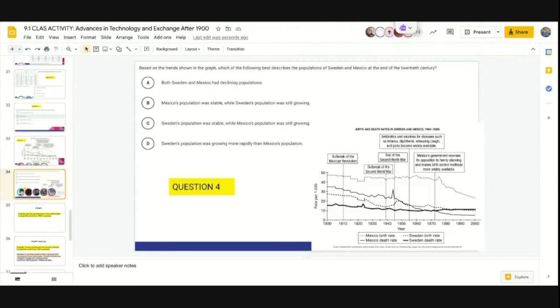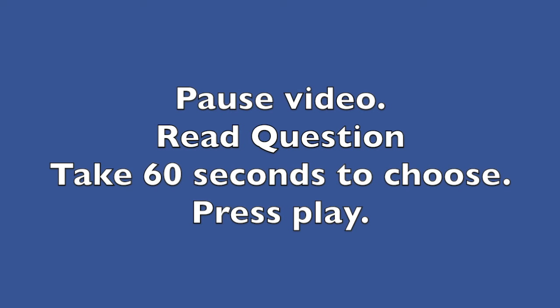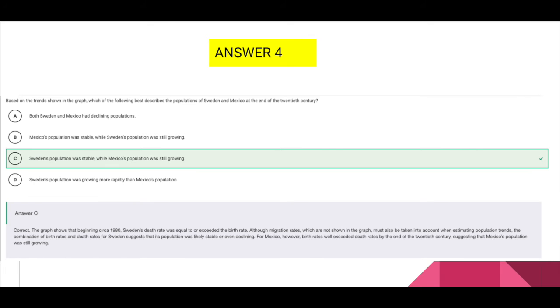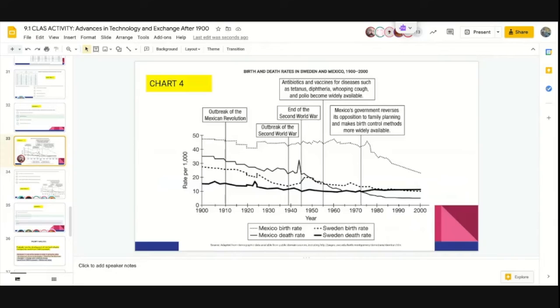Based on the trends shown in the graph, which of the following best describes the populations of Sweden and Mexico at the end of the 20th century? Sweden's population was stable, while Mexico's population was still growing. So if you go back to slide 33 and you're like, how in the world did that happen?